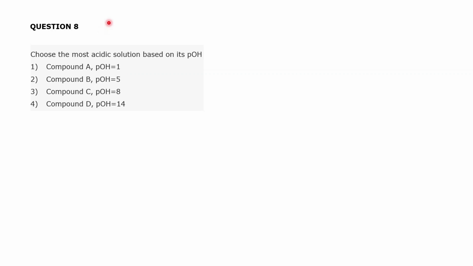Question number 8. Choose the most acidic solution based on its pH. Option 1 is compound A pH 1, compound B pH 5, compound C pH 8, compound D pH 14. Which might be the answer? Okay, I am getting option number 4, compound D, pH equal to 14.